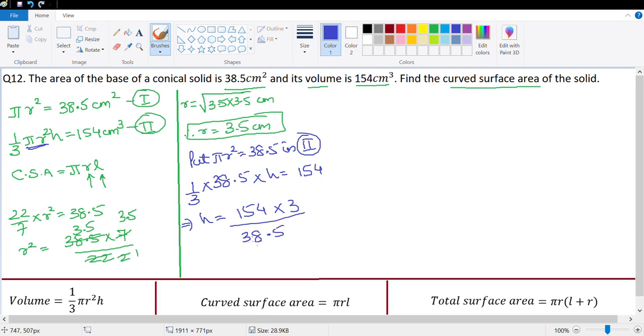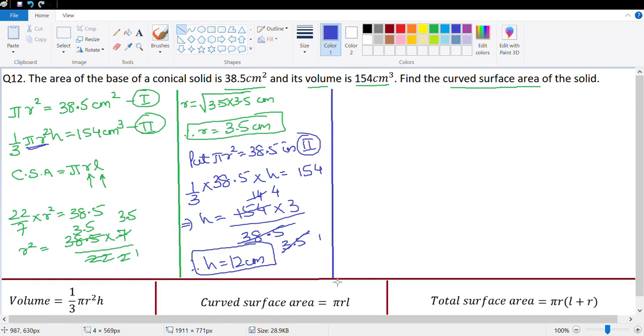That's again 11 into 3.5, and this is 11 into 1, 11. That's 44, so that's 14. And 3.5 into 4. Therefore, h is equal to 12 centimeter. So we've got the value of h as well. Now we need to calculate the value of L.